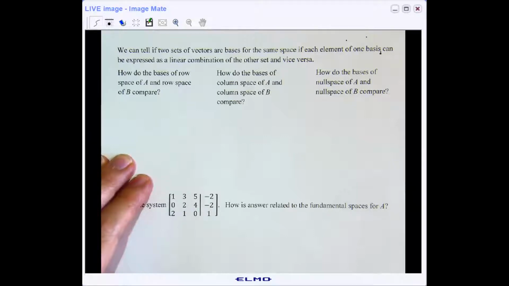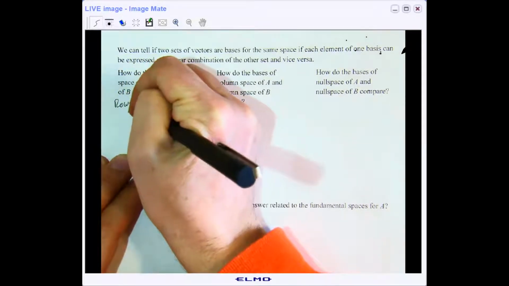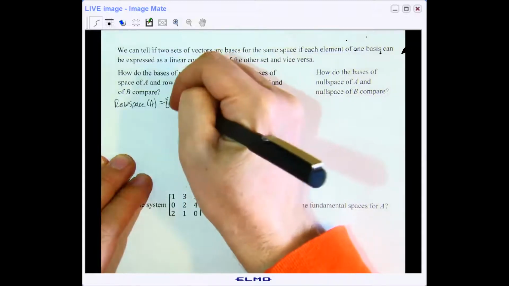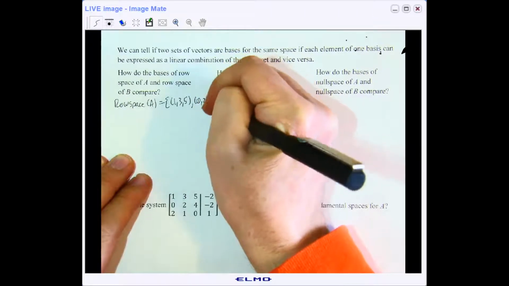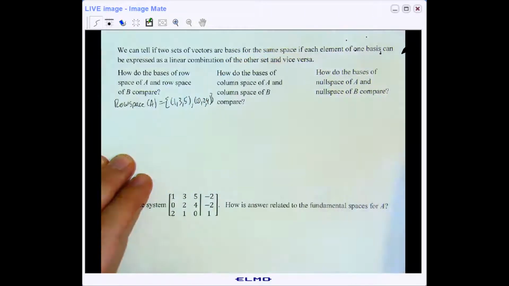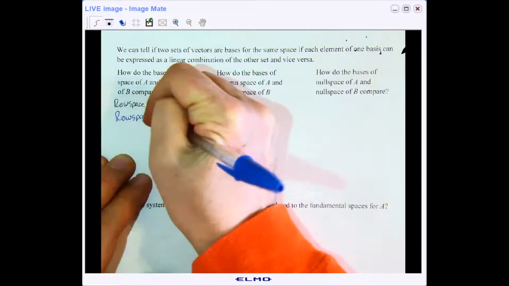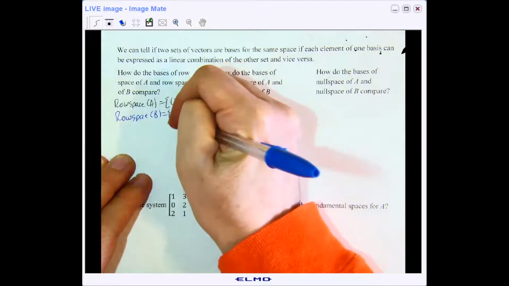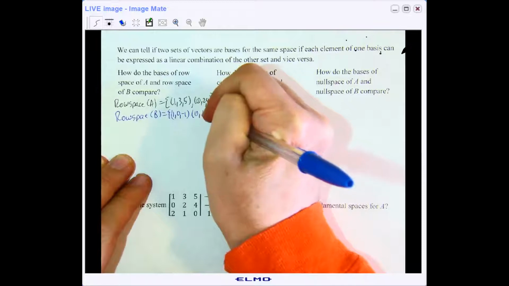Let's write those down. For the row space of A, our vectors were 1, 3, 5, and 0, 2, 4. And for the row space of B, let me do this in blue, our vectors were 1, 0, negative 1, and 0, 1, 2.